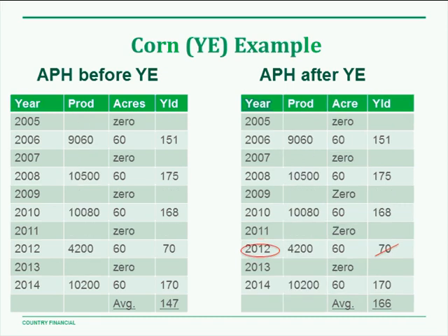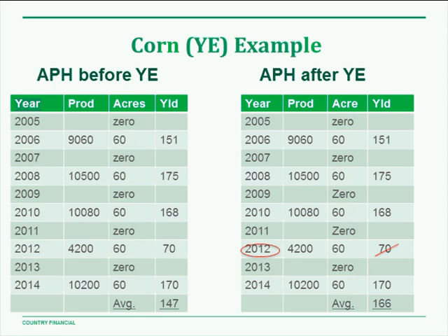A second example here on the left, this is the next unit eligible for this policyholder, and this unit only has 5 years of corn history. You see that it was on a rotation basis, that every other year it was obviously beans in this example. And again, 2012 is a year that's eligible for exclusion.